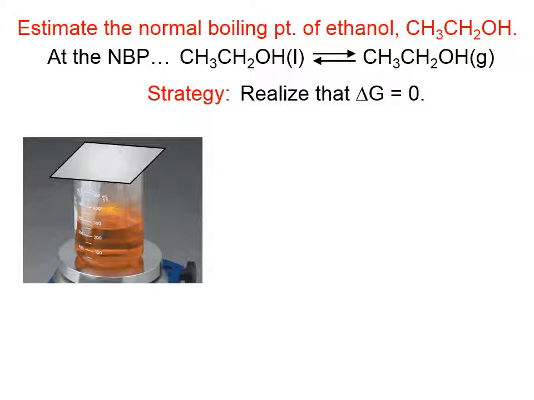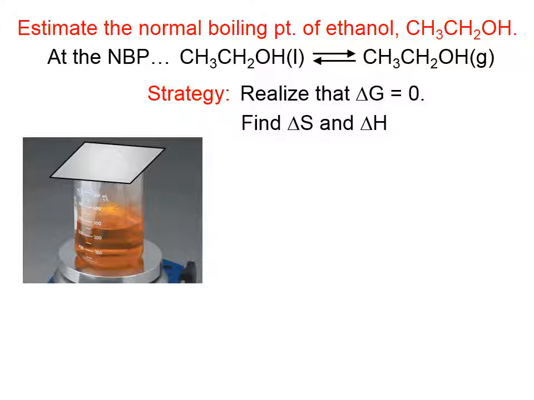Now, we don't know what that boiling point is. That's our job to try and figure it out. But at this temperature, there is an equilibrium between liquid particles turning into the gaseous phase and gaseous particles turning back into the liquid phase. Delta G equals 0 if we maintain it at that temperature.